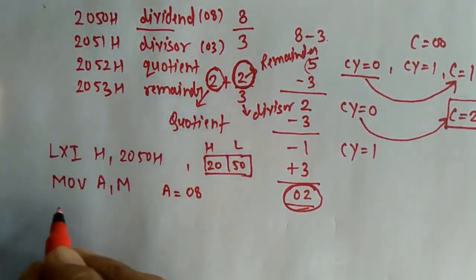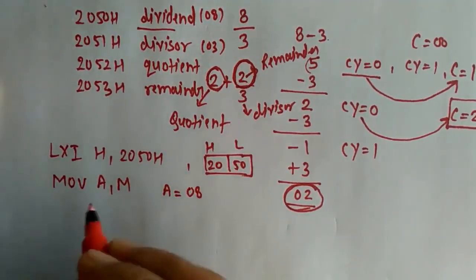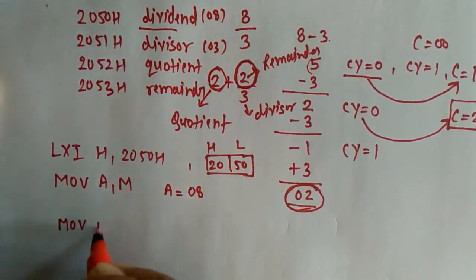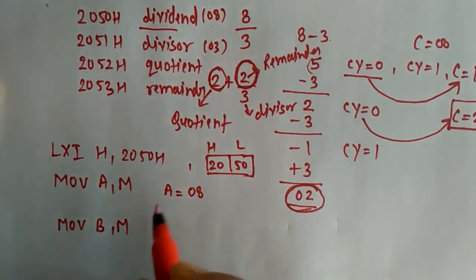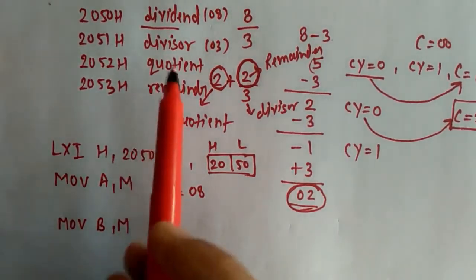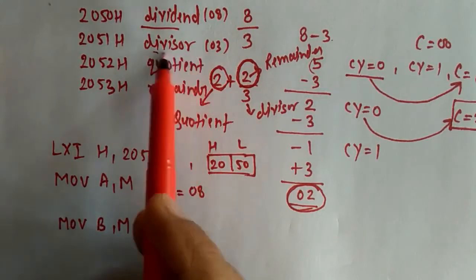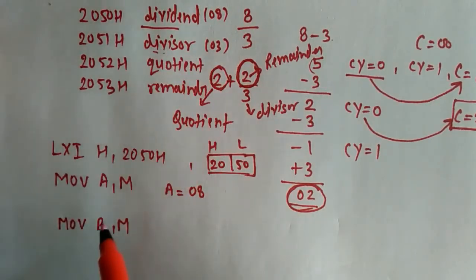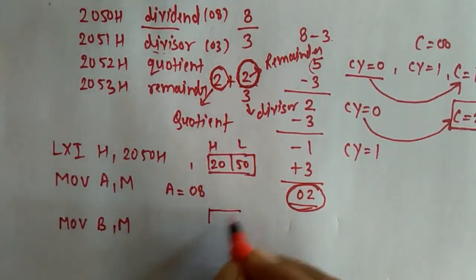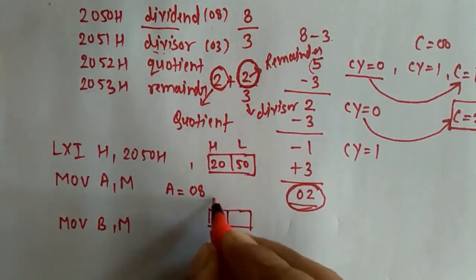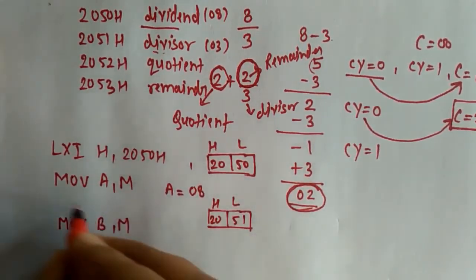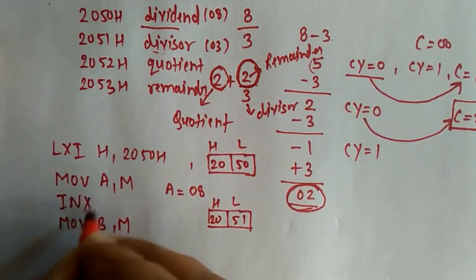Then, in order to access the next number, I am going to write MOV B, M. It means I want to copy the value from memory to register B, and this time I want to copy the divisor to register B. So that means we will have to increase HL, because the content of HL must be 2051 if we want to access the divisor. So in order to get HL as 2051, we will write INX H here.